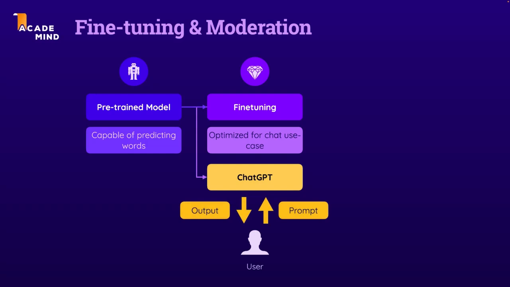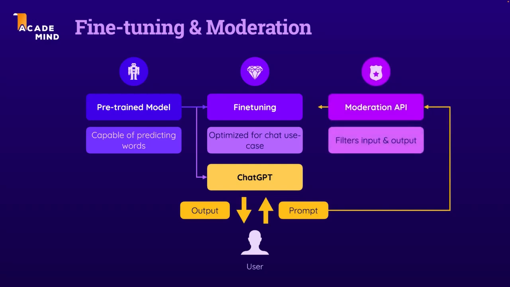Though it's also worth noting that technically, when using ChatGPT, all your prompts are first sent to a moderation API owned and maintained by OpenAI, which checks your input and in the end ensures that certain kinds of questions can't be asked.